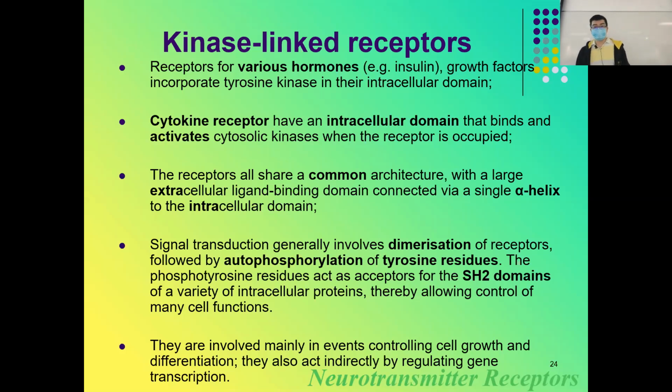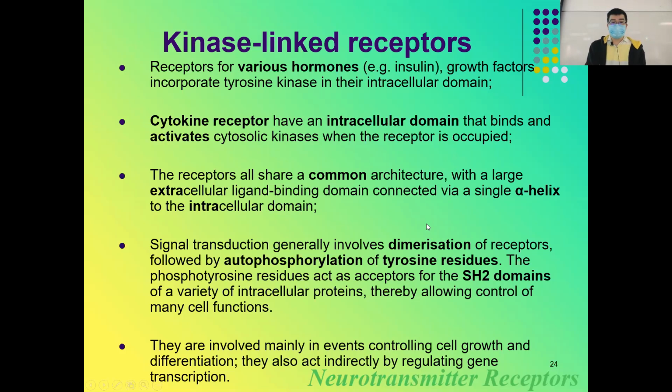This group of receptors is very important in neurons and also in different cell types as well. It is particularly important in supporting neuronal survival, particularly nerve growth factors, which we will have some examples of at the end.